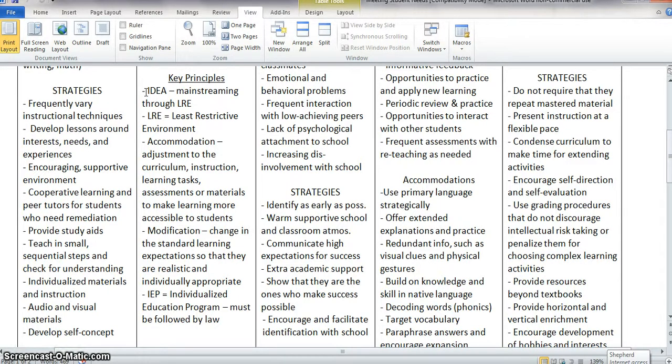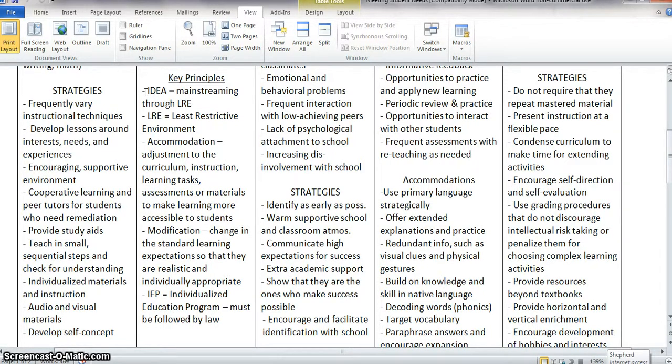We call it mainstreamed in LRE, the least restrictive environment. And what that means is that it's a last resort for someone to be taken out of the regular classroom. Sometimes we teachers think, oh, they need more help than I can give them. Send them to the special ed classroom. But no, we serve students best when they're with their peers and when they're with regular education students.